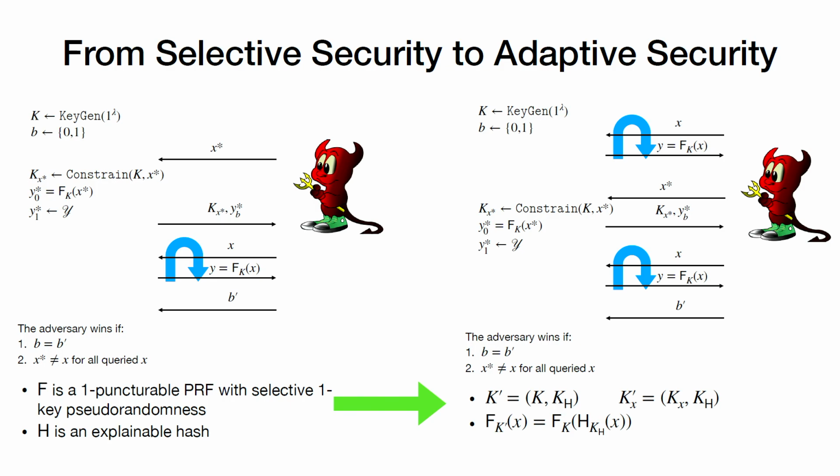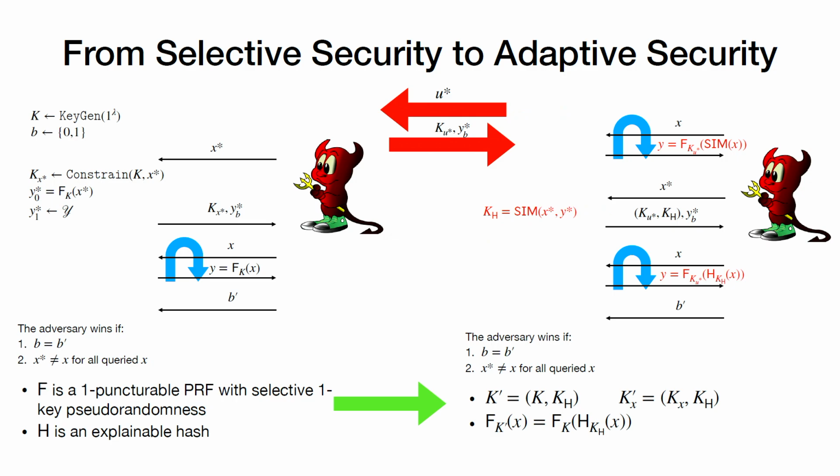Okay. So now to construct the adaptively secure puncture PRF, we simply modify the evaluation algorithm of the underlying selectively secure puncture PRF by evaluating the PRF on the hash of the input rather than the input itself. So this modification allows us to sample the hash of the challenge input before seeing the real challenge input.